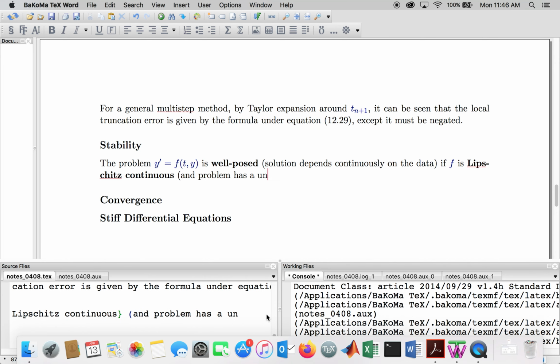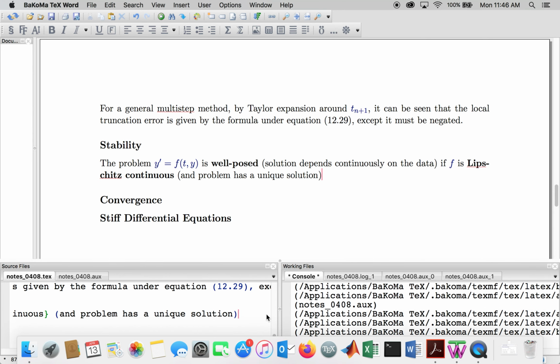Existence and uniqueness are two of the conditions of well-posedness. But for the third condition, depending continuously on the data, one way to ensure that is if you know that f is Lipschitz continuous in y.